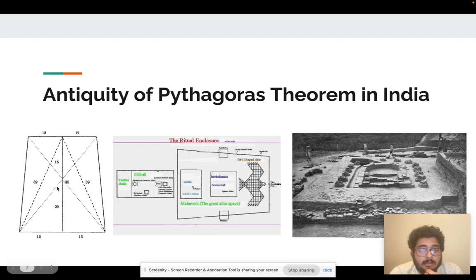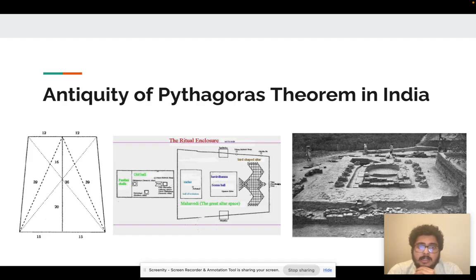So if you are able to construct this, and also increase the area precisely for the 101st sacrifice, the 101st ahuti, when each dimension will be 14 times of this, then at least in that era we had a fair idea of Pythagorean triplets in India, and most likely because that was continued knowledge that was passed down, it is highly probable that the theorem was known in that era also.